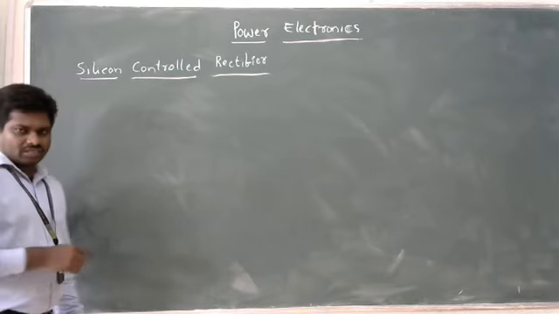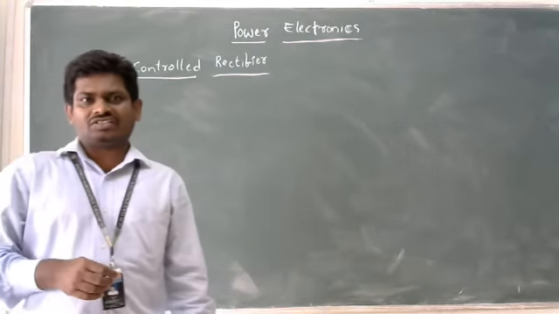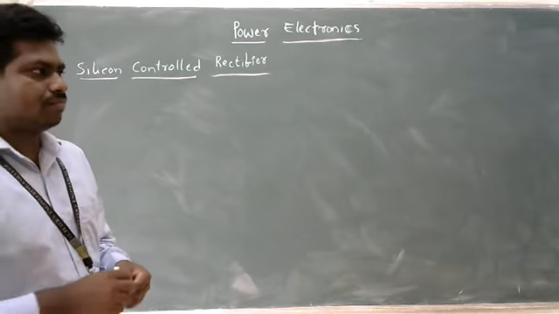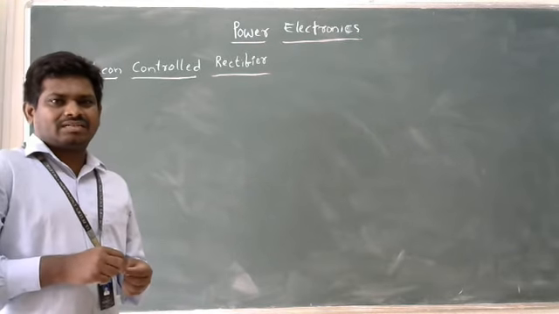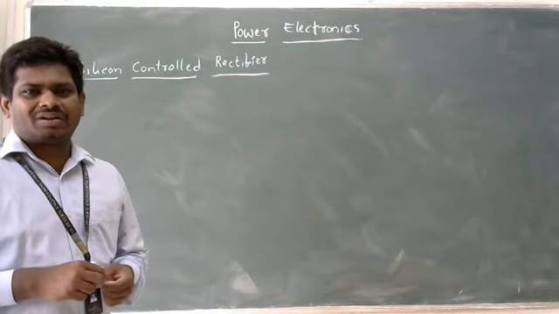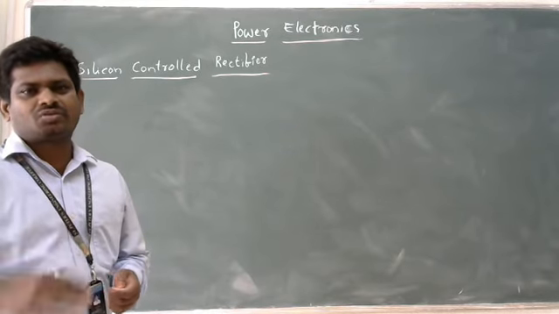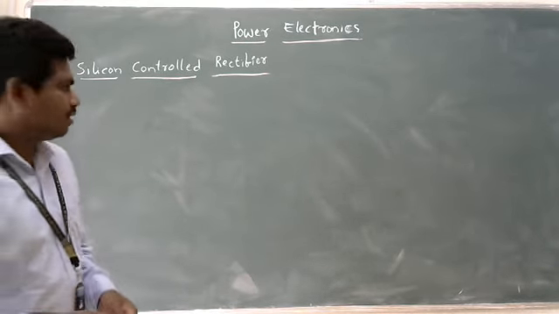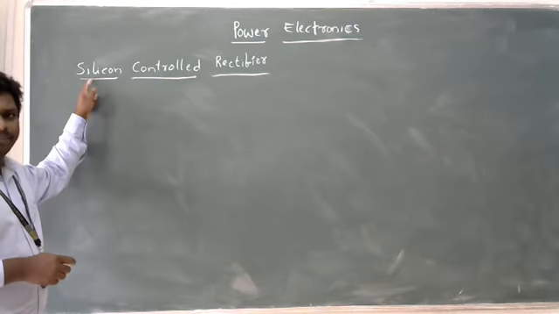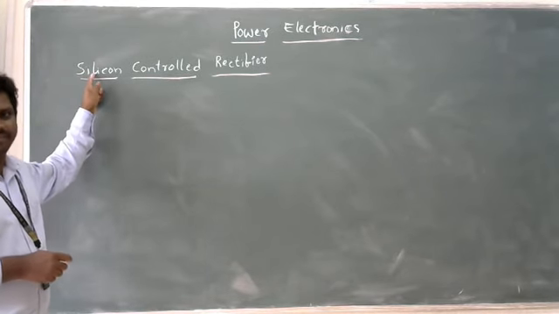This was developed in General Electric Company in the 1960s, and the name suggests something to us, that is silicon controlled rectifier. This is associated with three terms. Silicon, this device is made up of silicon material.